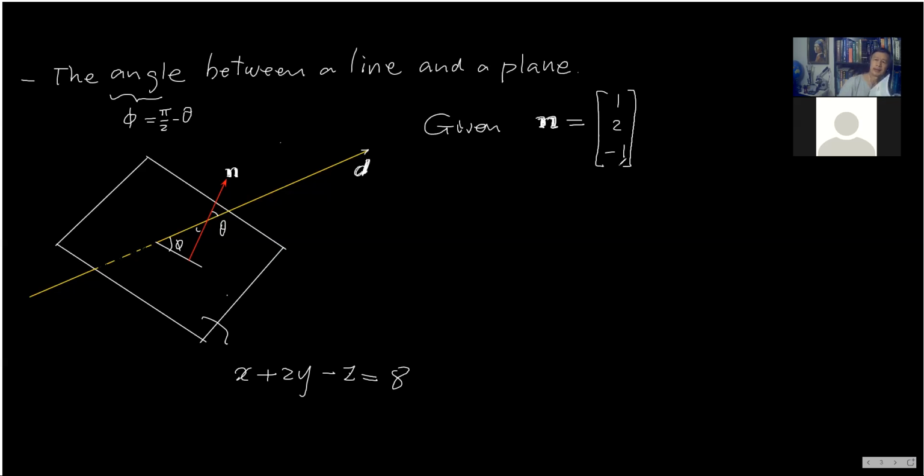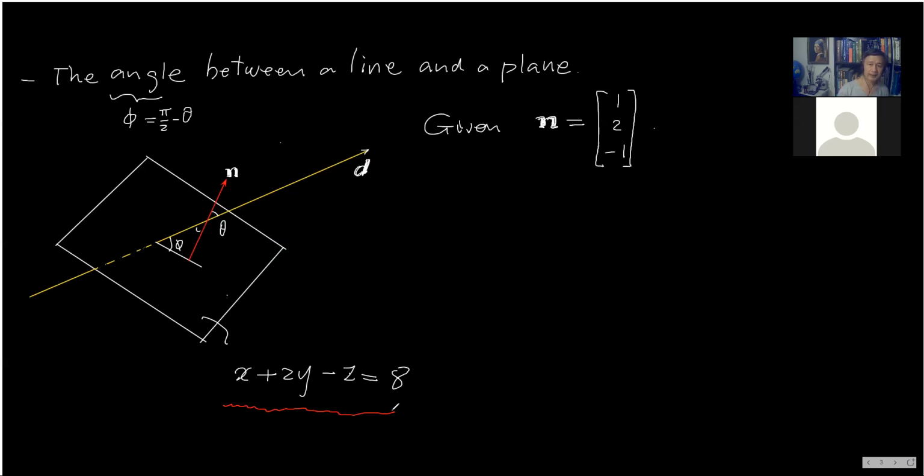Can we work out either theta or phi? In other words, you have to work out the direction of this tangent from the plane equation. How do we do that? I don't know how to do that.